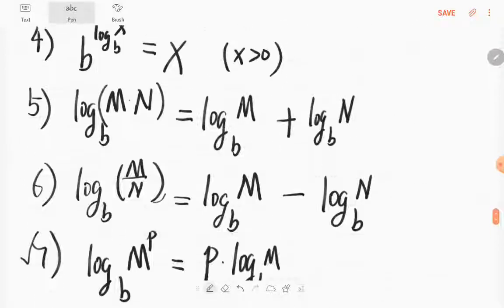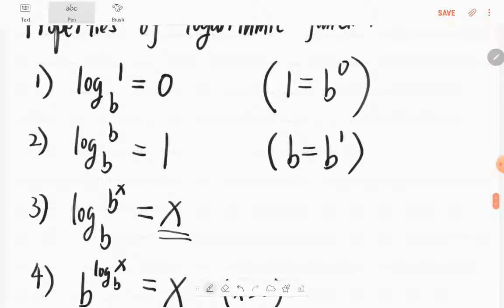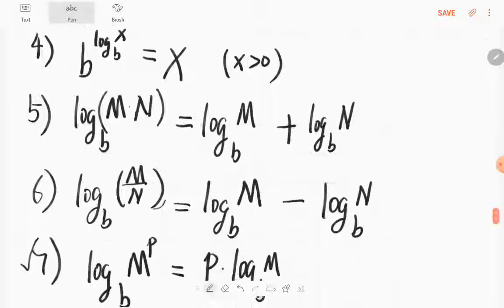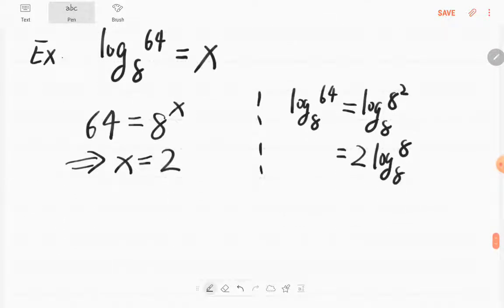Then we can use property 2, log b of b equals 1. So log 8 of 8 equals 1. So this is 2 times 1, which is equal to 2. So x is equal to 2.